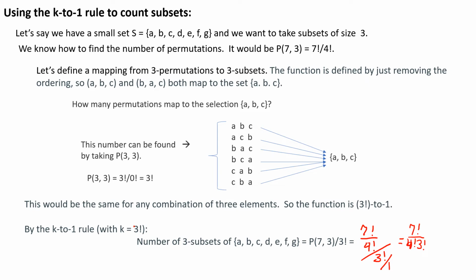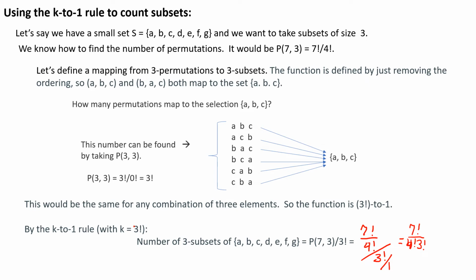But when we're dividing by a fraction, that's the same thing as multiplying by the inverse of the fraction. So I'm going to flip this bottom fraction over, so the 1 is at the top and the 3 factorial at the bottom, and then multiply. And hopefully you see that's how we would end up with the 3 factorial in the bottom along with the 4 factorial. By dividing by 3 factorial, it just puts that 3 factorial in the denominator along with the 4 factorial.